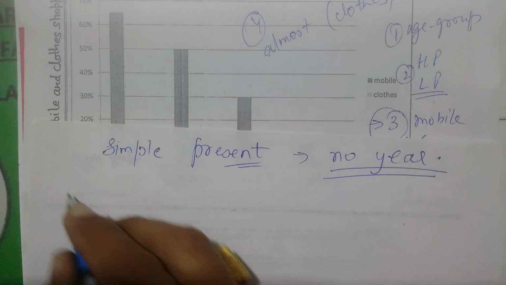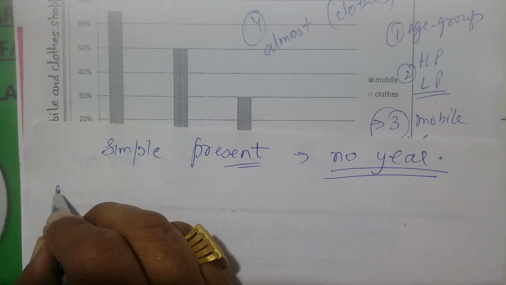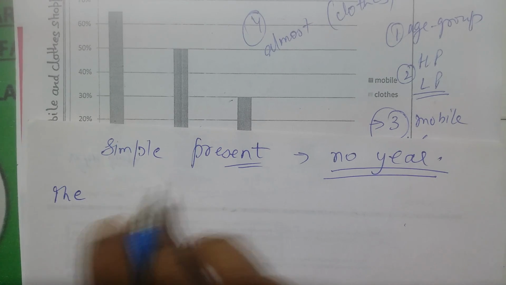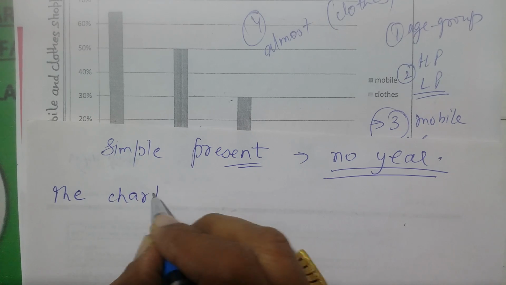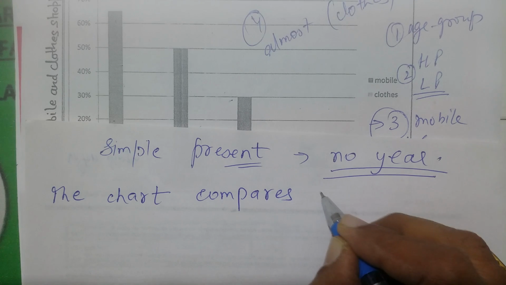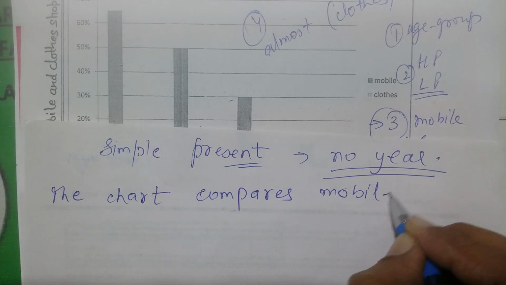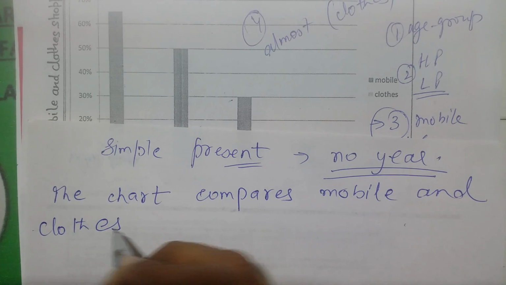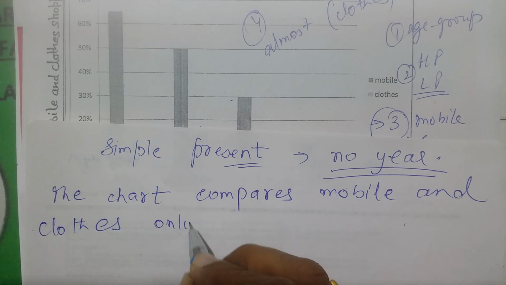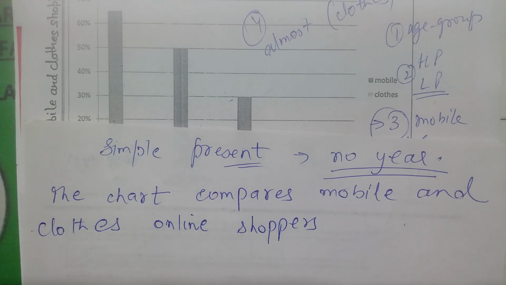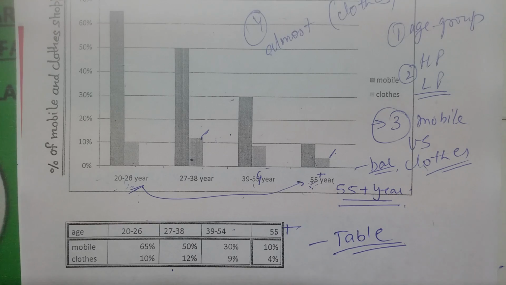First of all, let's go with the introduction please. I am going for this one, the bar, not the table. The chart compares mobile and clothes online shoppers' percentage.